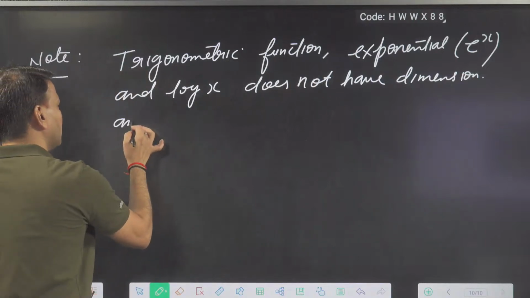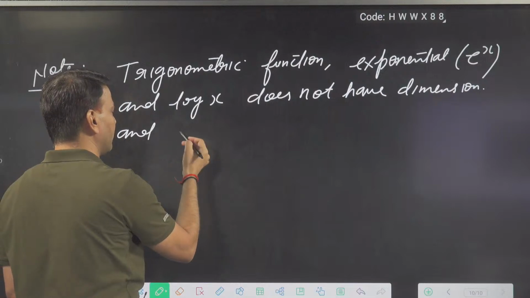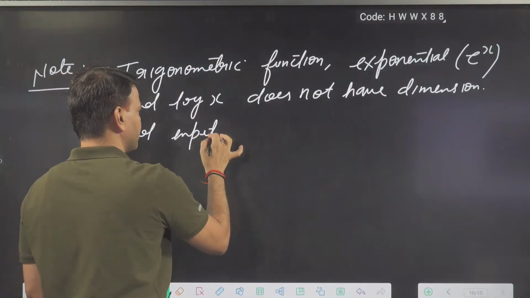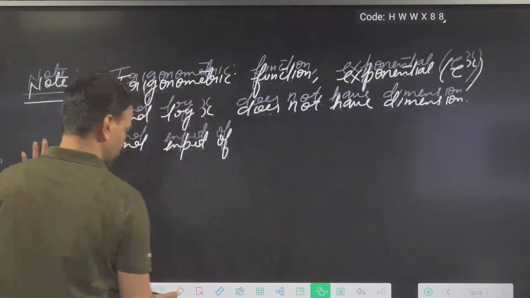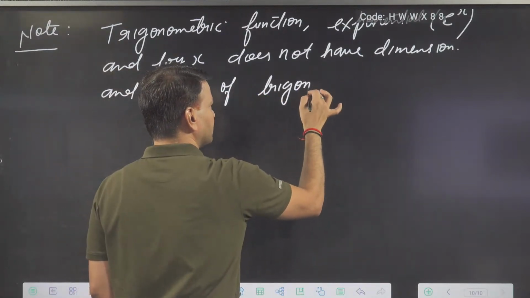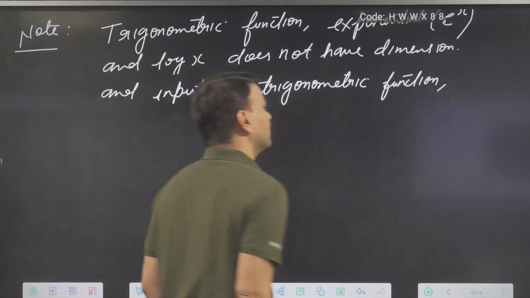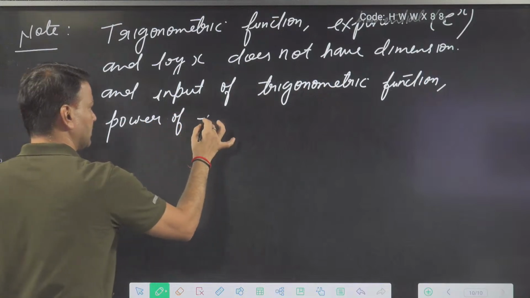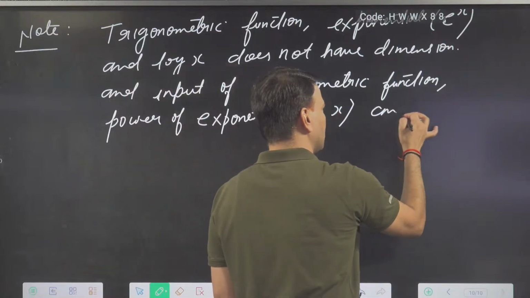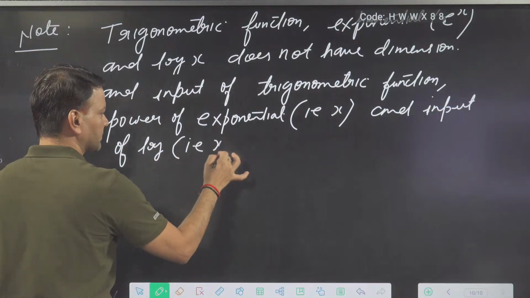And the input of a trigonometric function is the angle theta, the power of the exponential is x, and the input of log is x. These are also dimensionless.